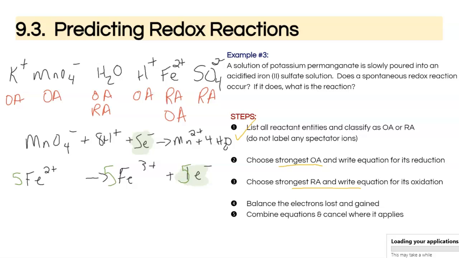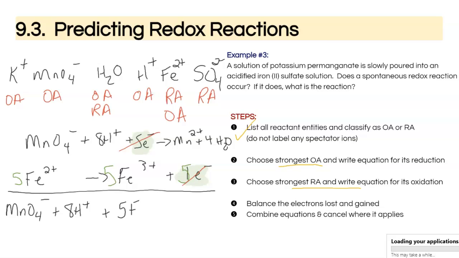Now I'm in a position where I can cancel out the electrons on the reactant and product side, and I can simply combine those reactions together. That gives me MnO4- + 8H+ + 5Fe2+ reacting to make Mn2+ + 4H2O + 5Fe3+.